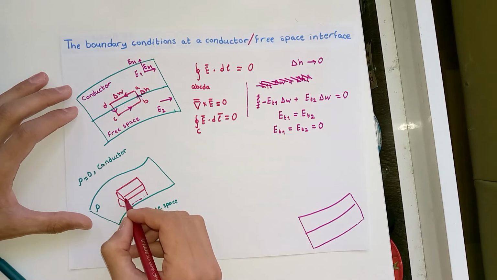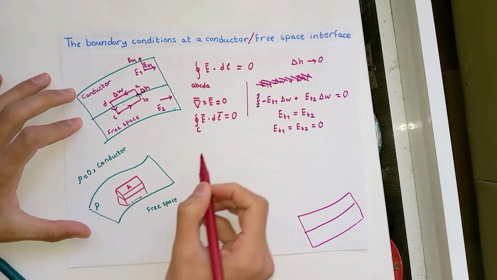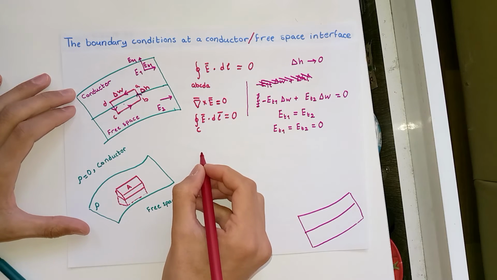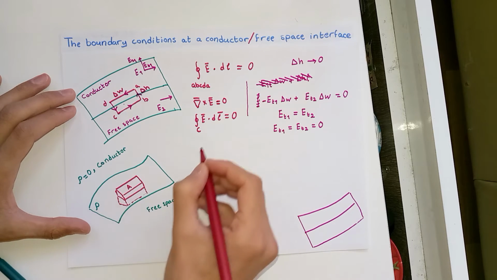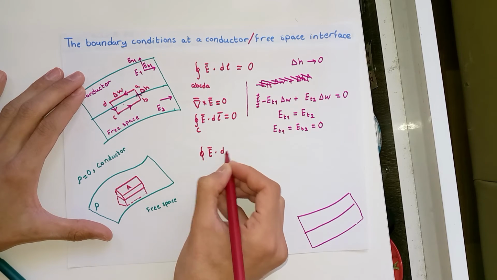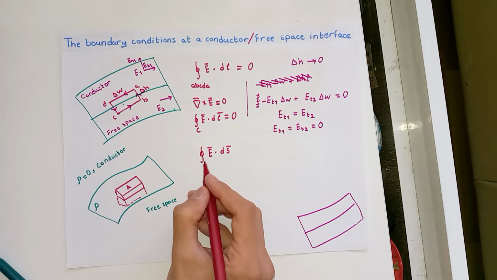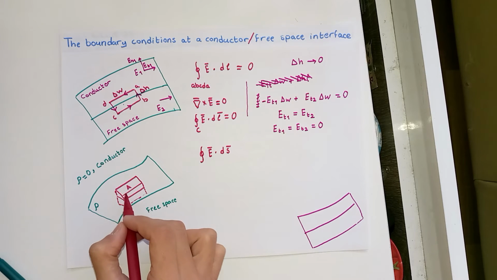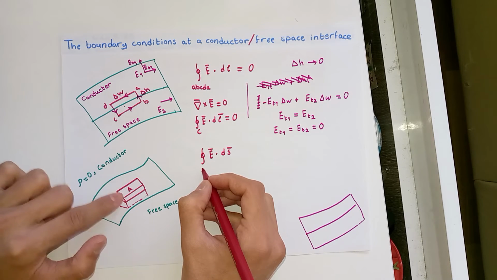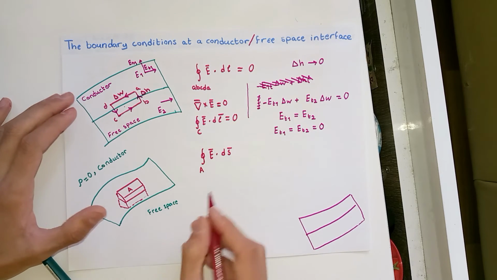Let's say that the area of the top surface of this box is equal to A. Now I am going to find the electric flux through this box. We know that the electric flux is the surface integral. I'm going to find the electric flux through the top face of this box. So I'm going to take the integral around A.